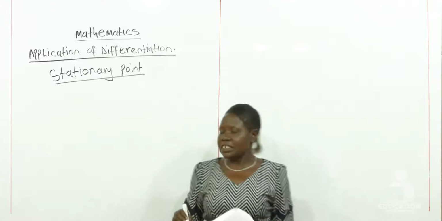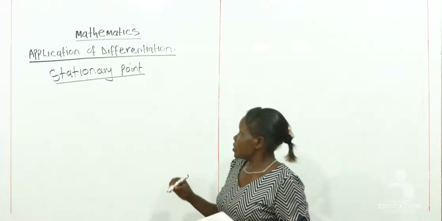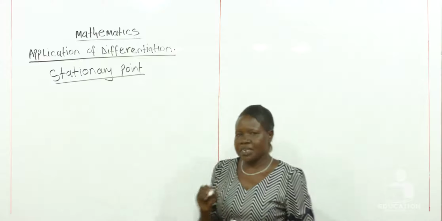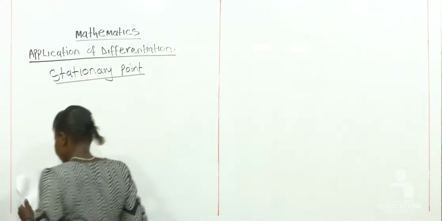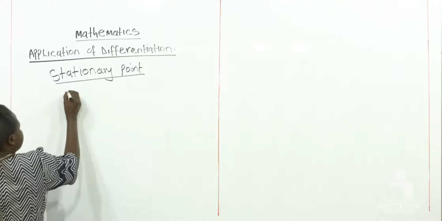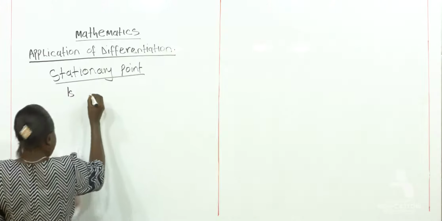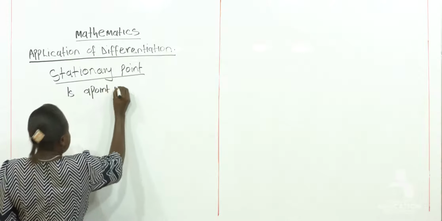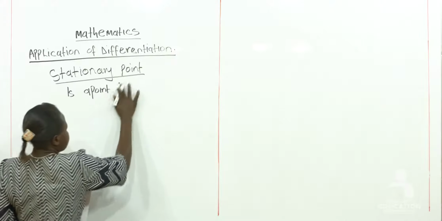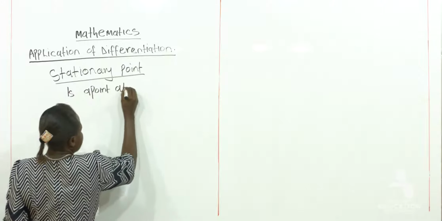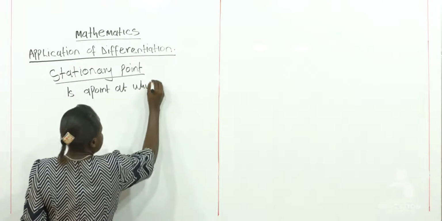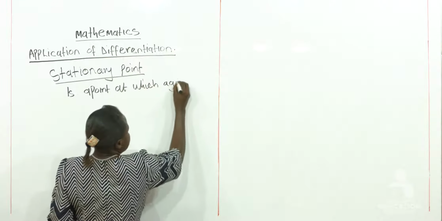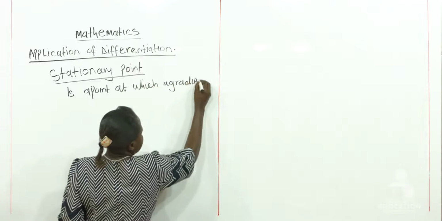So when you look at a stationary point, we are looking at a point where the gradient is equal to 0. We say a stationary point is a point at which the gradient is 0.